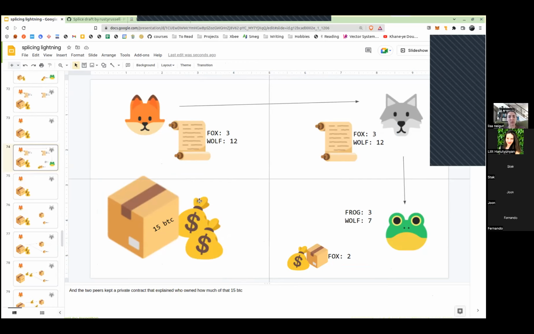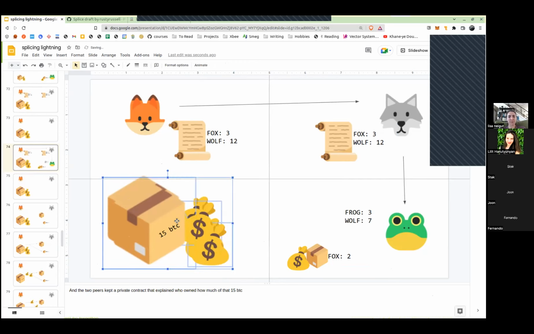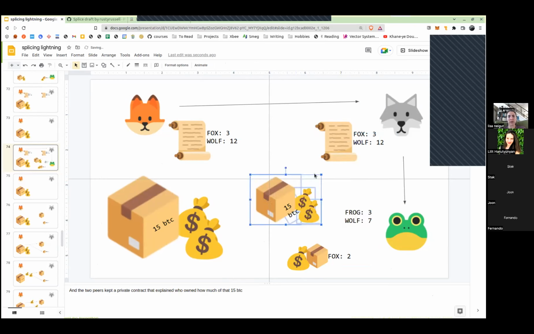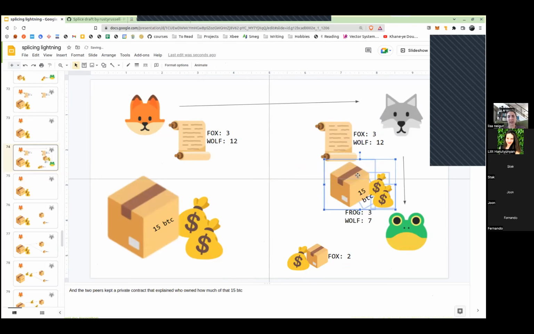There were 10 Bitcoin locked up in this channel that Frog has with Wolf, right? There are 10 here, and moving the money between the two parties doesn't change this. So there's still 10 Bitcoin here, and still 15 Bitcoin here.